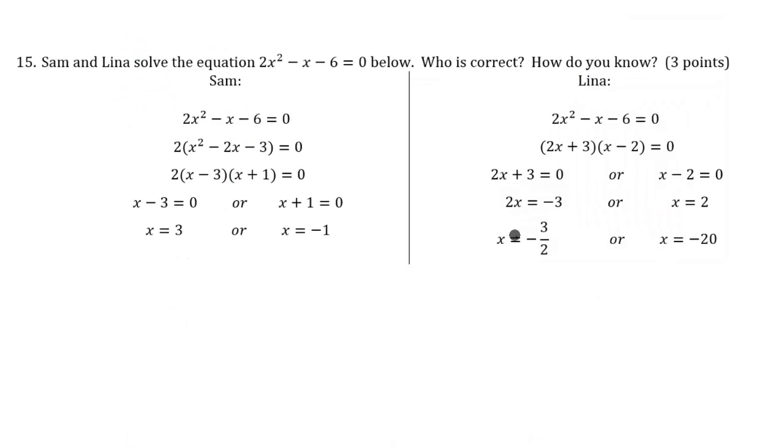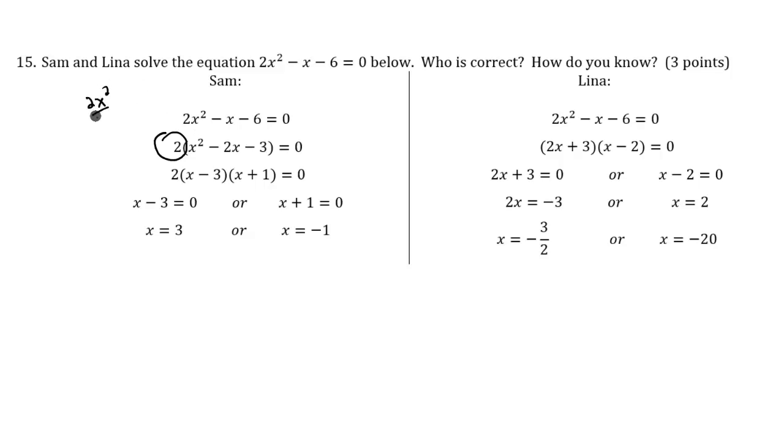And lastly, question number 15, we want to figure out who's right, Sam or Lena. So if we take a look at Sam's situation here, we had a trinomial, and it looks like he tried dividing out a greatest common factor. And his greatest common factor, it looks like, was 2. So could he have divided out a 2 from this term? Yeah, 2x squared.